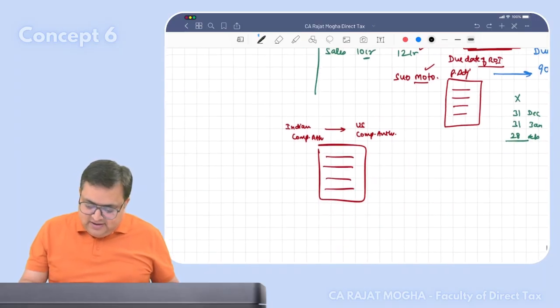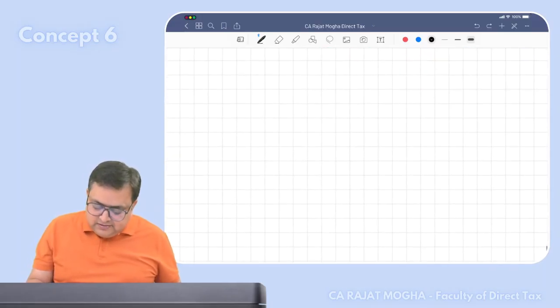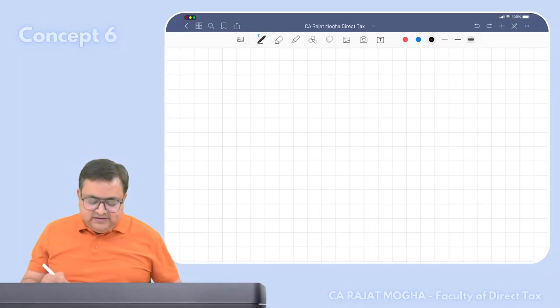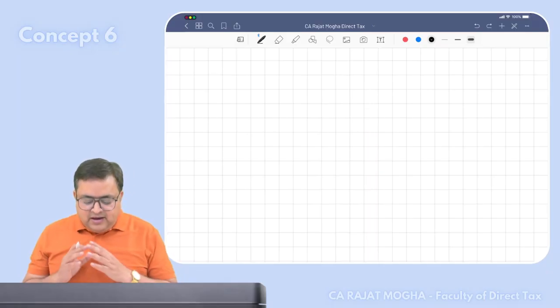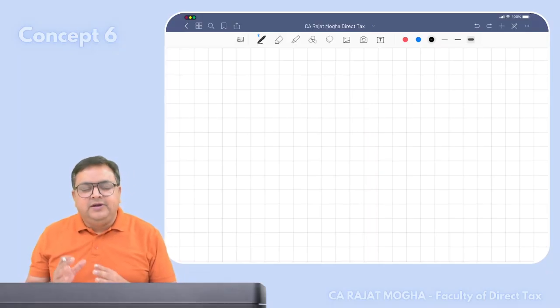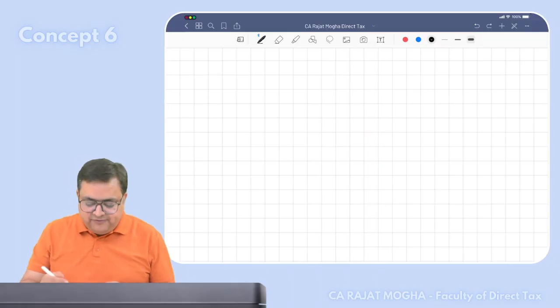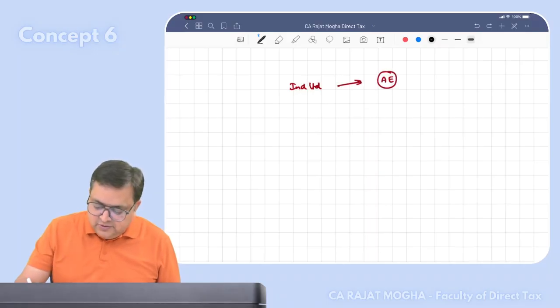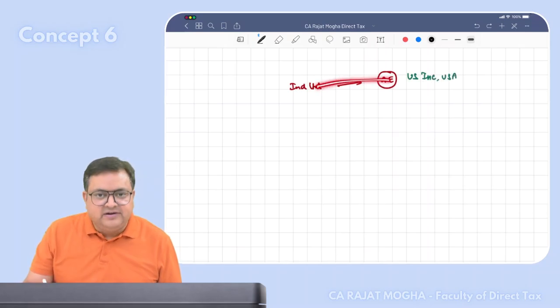Okay. Now, it is such a beautiful law they have made. They said that because of, Arun Jaitley said, okay, due to any reason, if you, India Limited, have done a transaction with your associated enterprises, who's that? USINC, USA. You have done the international transaction with them.